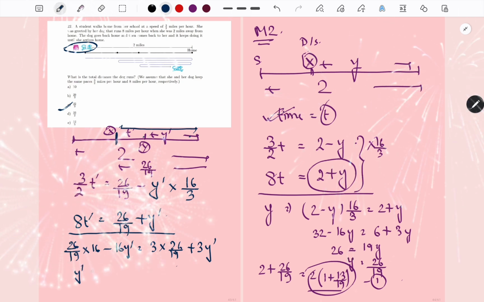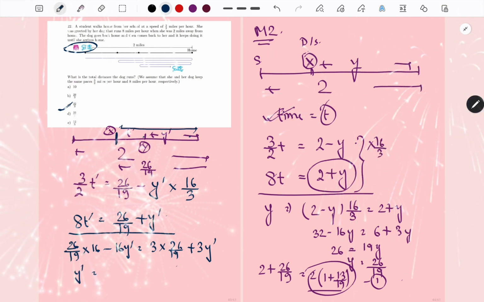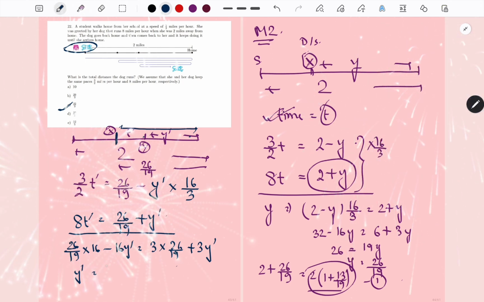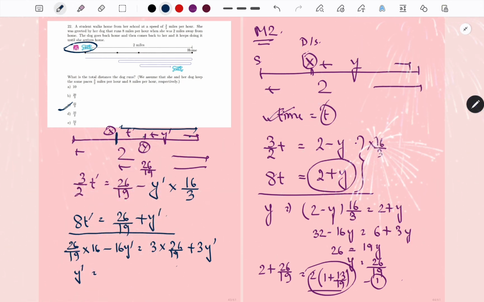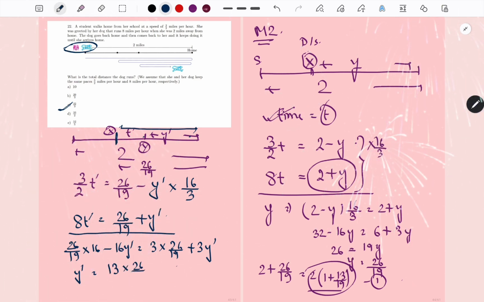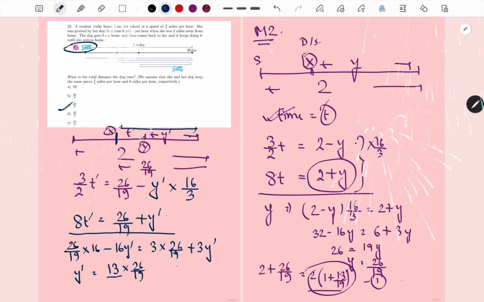So what is the value of y dash again? It will be 13 into 26 by 19, over 16 plus 13, so 19.